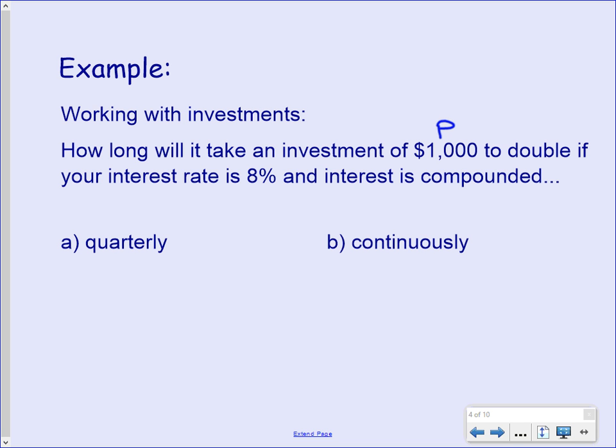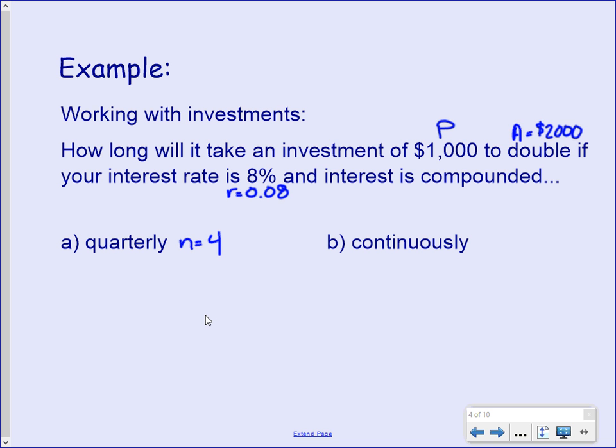So 1,000 doubled would be 2,000, that's my value for A. If the interest rate is 8%, so R is 0.08, and let's all take a moment to say that's way too good to be true. You wouldn't get an interest rate of 8% in the real world. If the interest is compounded quarterly, so quarterly implies n equals 4.